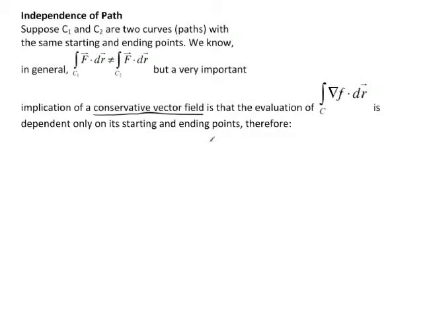So because of that, specifically for a conservative vector field, the line integral over C1 of the gradient of f dot dr is in fact equal to the line integral over C2 of the gradient of f dot dr. Now this is provided the gradient is continuous.